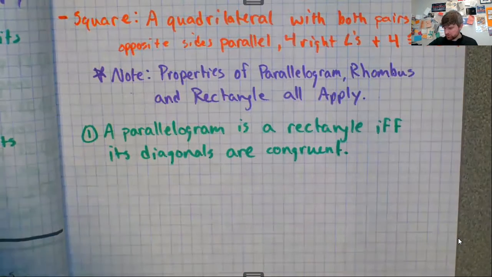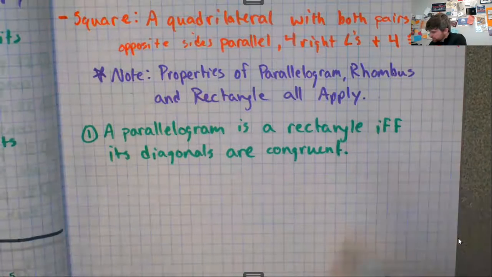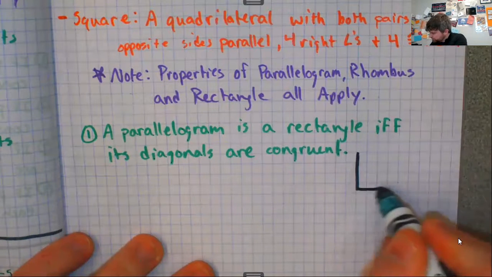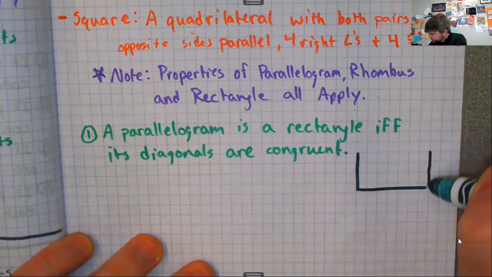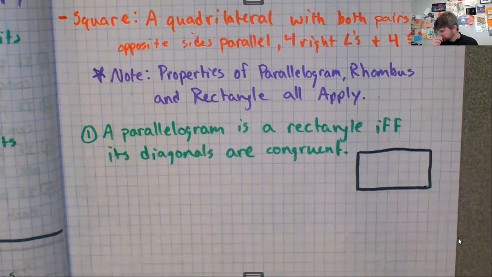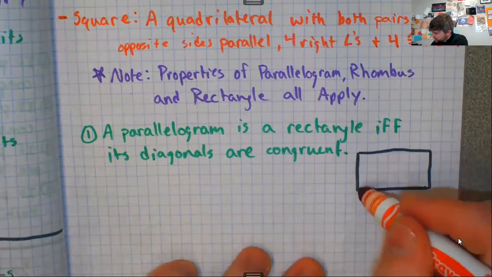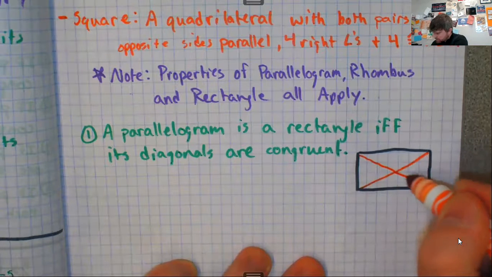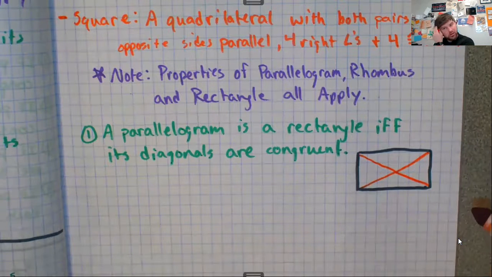Okay, so picture-wise, if I draw a rectangle here, and that's a parallelogram, and it is a rectangle if you have these two diagonals, and those diagonals are the same length.